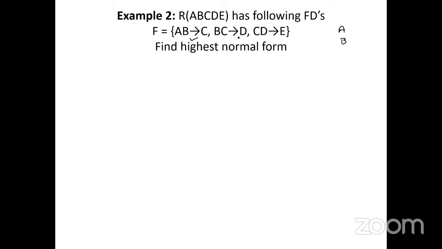Now what about this? BC gives D. We see that D is non-prime, but this LHS is a combination of prime plus non-prime, and we cannot decompose it into two dependencies like B gives D or C gives D. So now it is BC gives D, the combination of BC giving you D, whereas one is prime and one is non-prime.